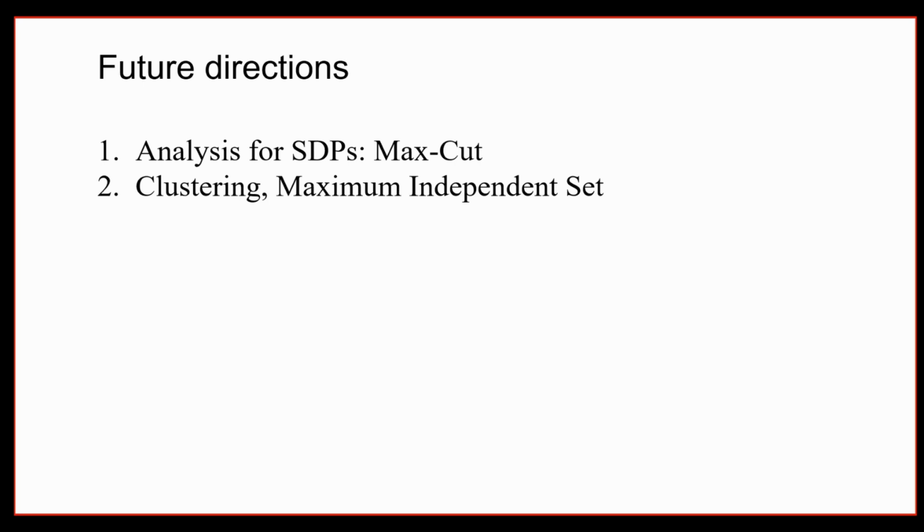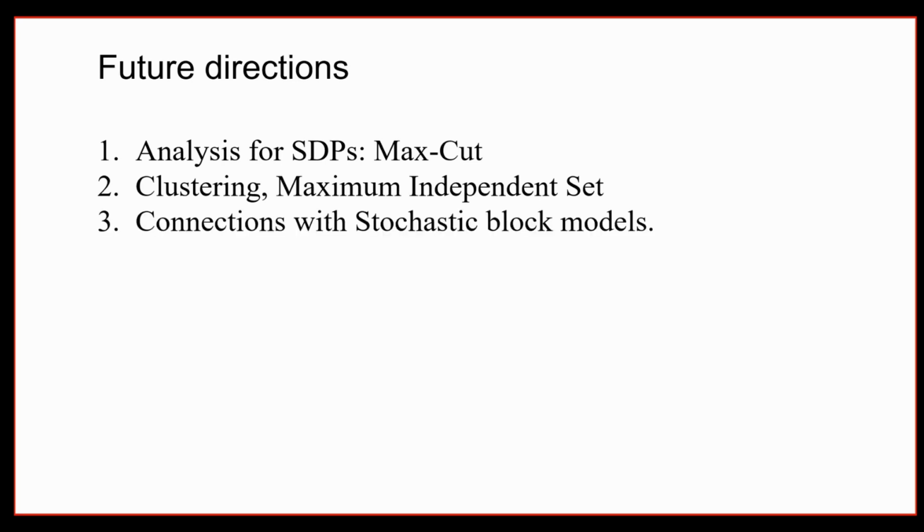And also other problems like clustering and maximum independent set. So for basically all these problems in that book which I described, they have prior results on stable instances. So you can try to show them for nearby stable instances.